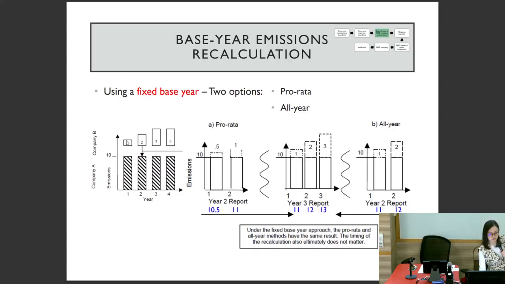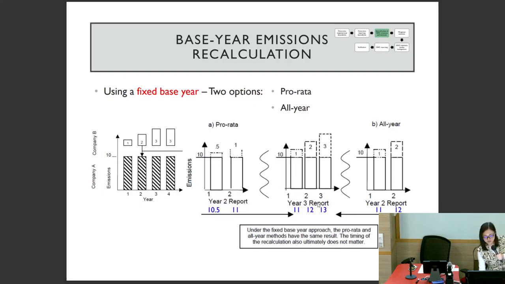For company B, we just add half of the emissions. That is 0.5 added to 10, so the total will be 10.5. So we have adjusted the base year emissions from 10 to 10.5 units. This is the base year adjustment, and this is for the year 2 report.